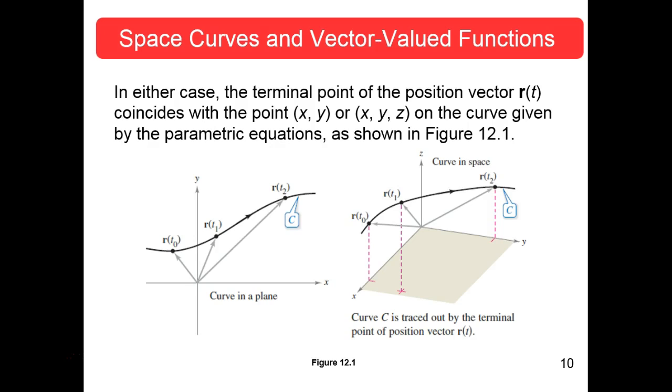But notice here, and I think you were asking this before, as your t is increasing, you always have your arrow on the curve indicating the direction along that curve. Because you're tracing the curve, and you've got to show which trace showed up first, second, third, so the motion is that way.